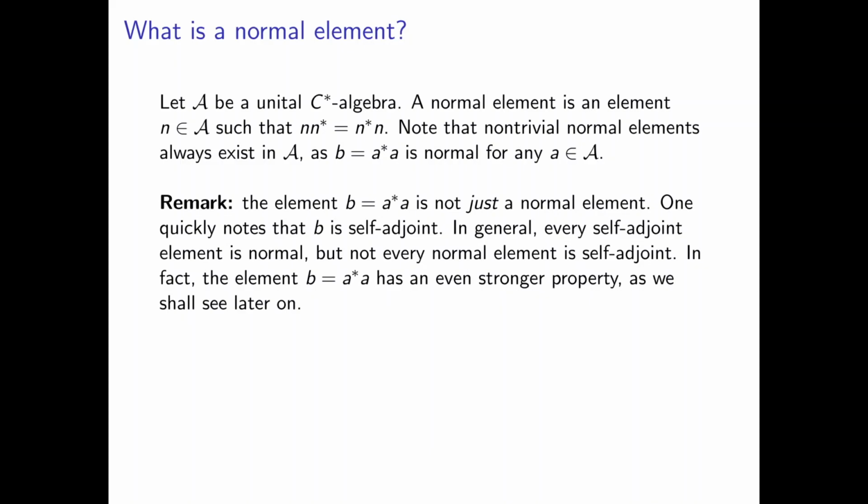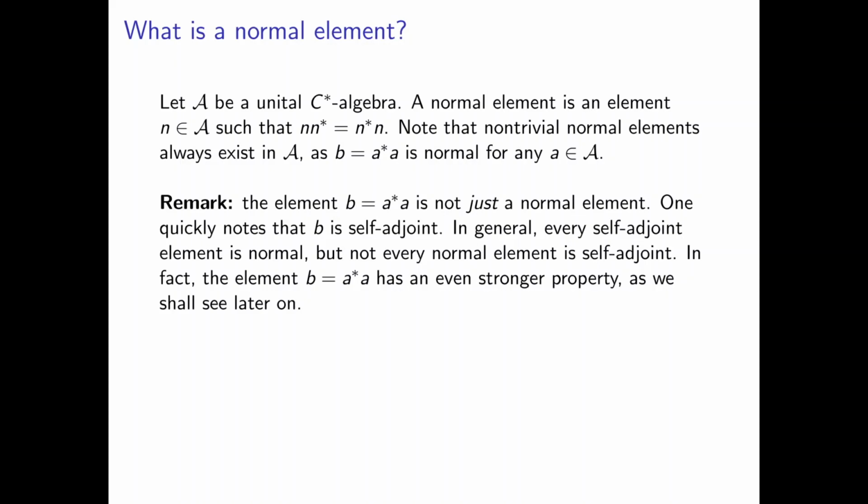It's not just a normal element. It's actually also self-adjoint, meaning that B star is equal to B, because this star is, of course, an anti-homomorphism. And then, of course, B is equal to B times B star because B star is equal to B, and then it's obviously normal as well. But in general, every normal element does not need to be self-adjoint, but every self-adjoint element is normal by default.